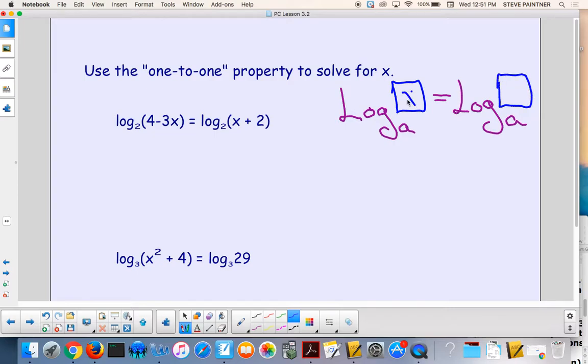So if this is x and this is y, all you have to do is set them equal to each other and figure it out. Do you have bases that are the same? 2 and 2. You got base 2 equals base 2. Guys, just ignore the 2 and the logs, everything. This number right here has to be the same as this number. So we're going to set them equal to each other.